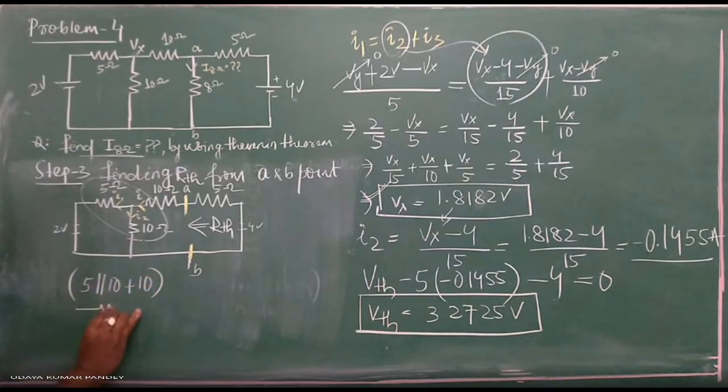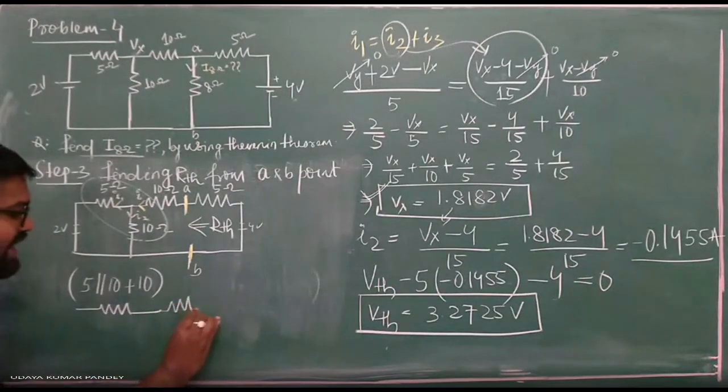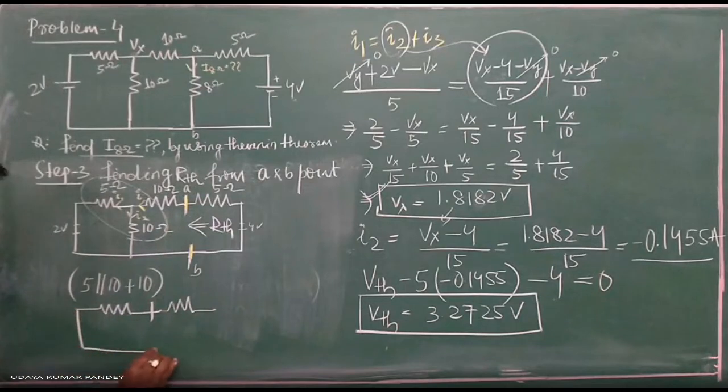This is your resistance, one resistance, and again there is another resistance connected this side. This is the value, and here is also 5 ohm connected. Then this is your point A and point B.